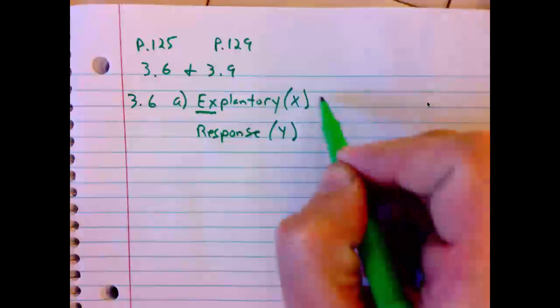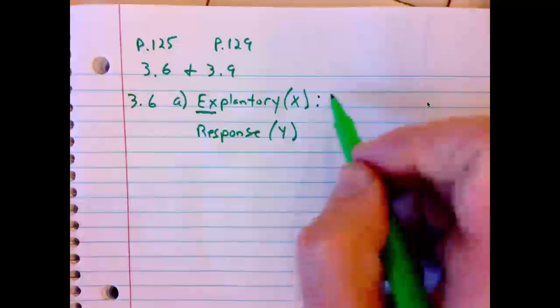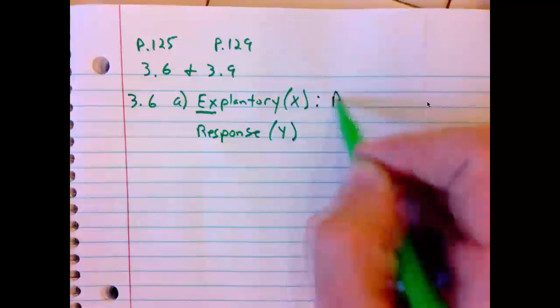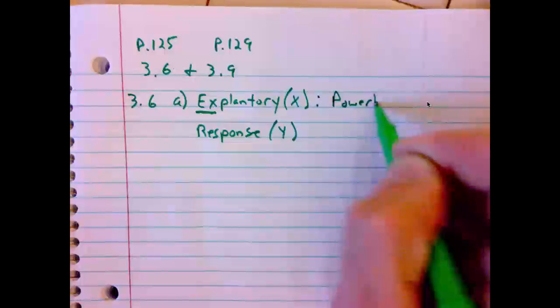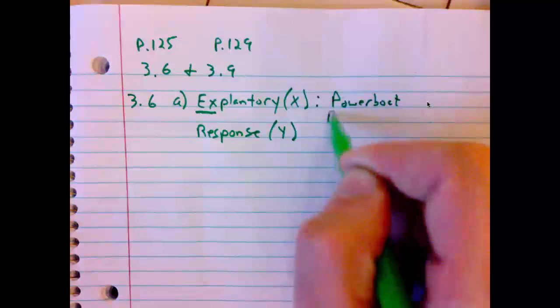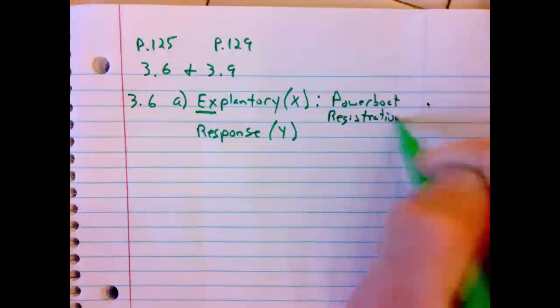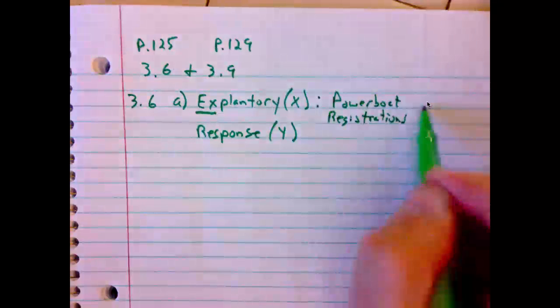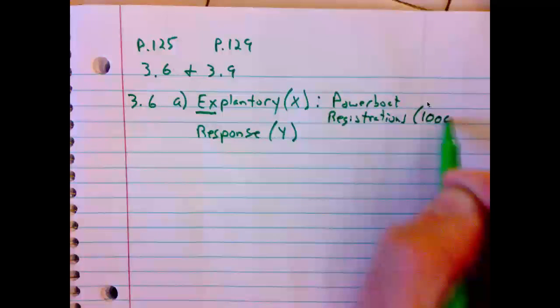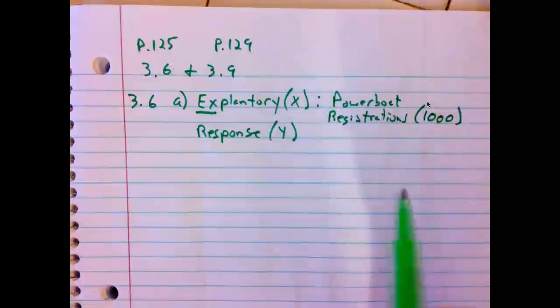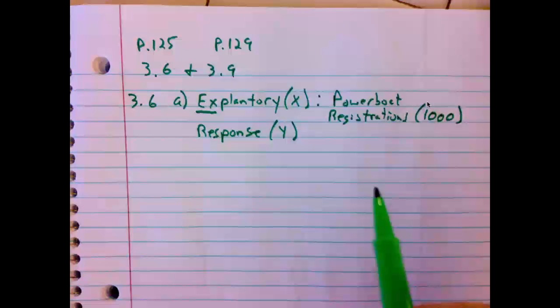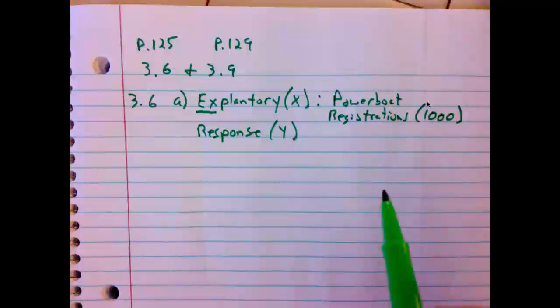So the explanatory variable will be power boat registrations, and that is measured in thousands. So the first entry that says 447 in 1997 is 447,000.